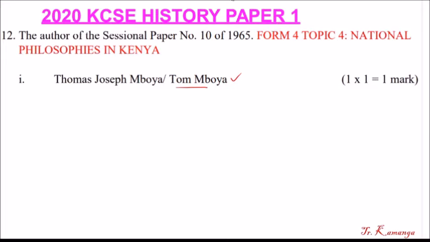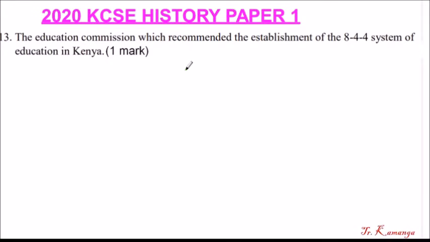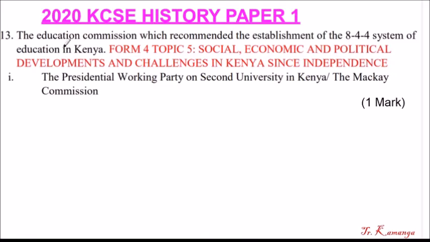You get 1 mark. Question number 13. The Education Commission, which recommended the establishment of 8-4-4 system of education. You get 1 mark. Which is this commission? This is from Form 4 Topic 5, Socio-Economic and Political Development and Challenges in Kenya since Independence.